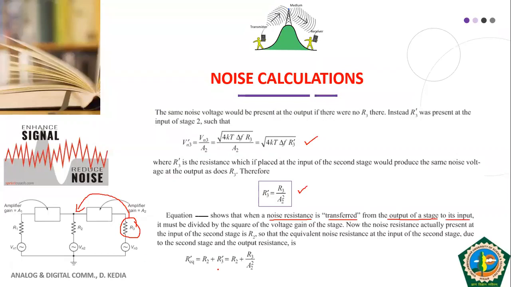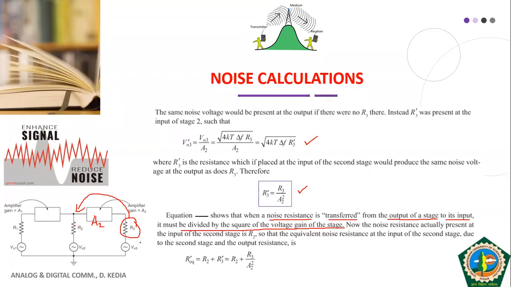Then it must be divided by the square of the voltage gain of that stage. So your R3 dash is now R3 by A2 square. A2 was the gain of this stage, and we have divided by A2 square. Fine.